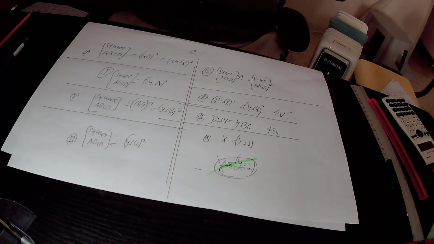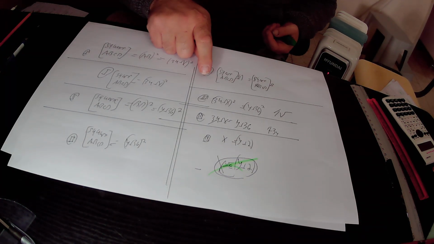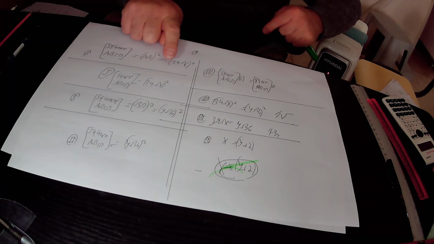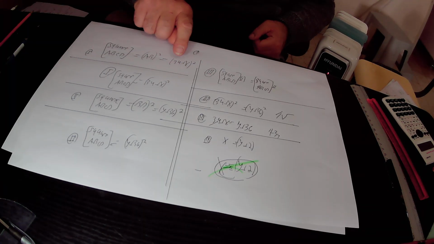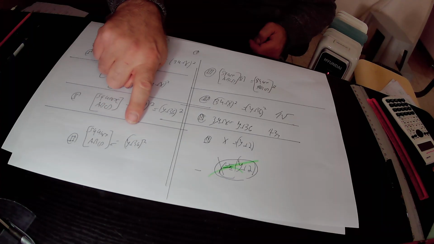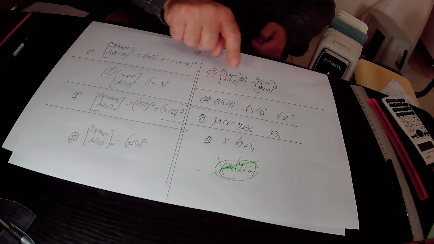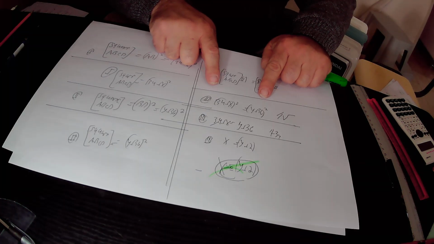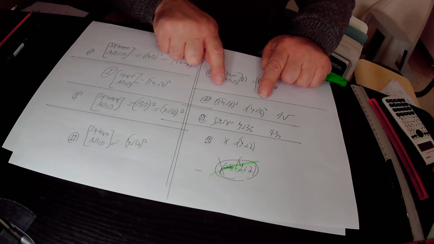Very simple equation. (34 plus X) squared equals (Y plus 36) squared.